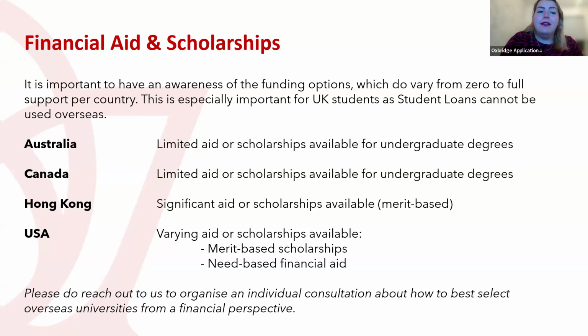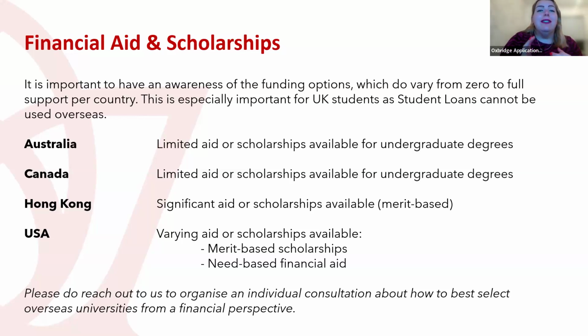And then for the US, this is a varying discussion because there might be universities that give out merit-based scholarships. Many others give what's called need-based financial aid. So they'll make a decision based upon the family circumstances, how much money your family, your parents, or whom you live with earns, their salaries, their taxes, their assets, and they'll work out how much money they believe that you will be able to contribute to the tuition fees.